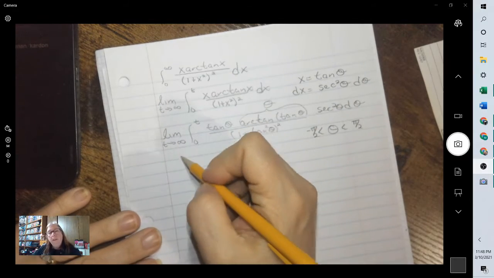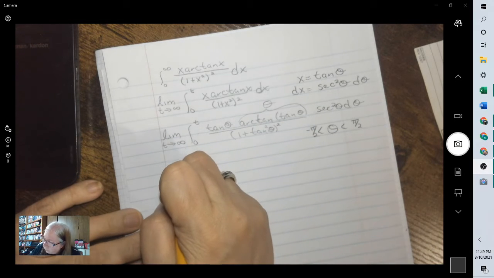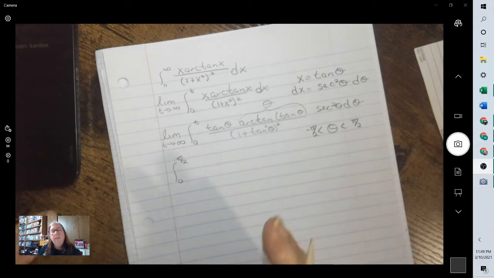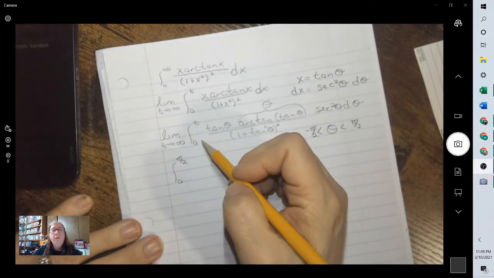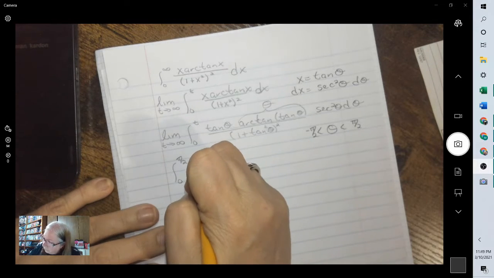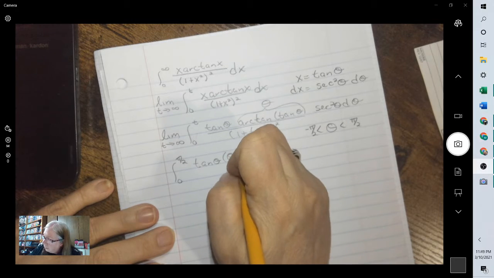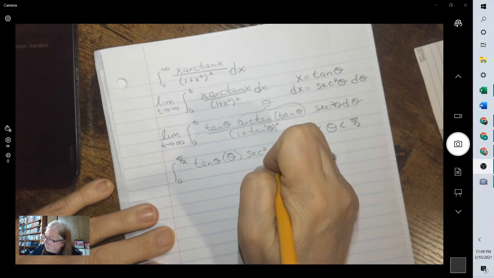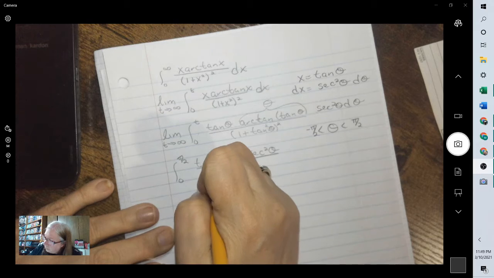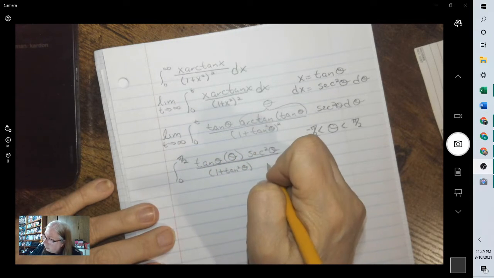Which means then we can rewrite this for theta, and it will just go from 0 to pi over 2, because it has to stay in that value, and we want greater than 0. Then we have the tangent of theta times theta and our secant squared all over 1 plus tangent squared theta, squared.